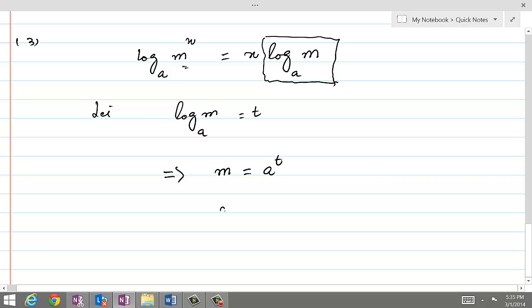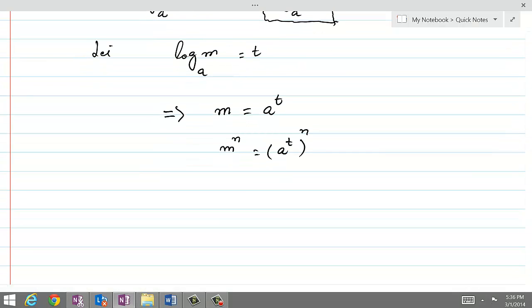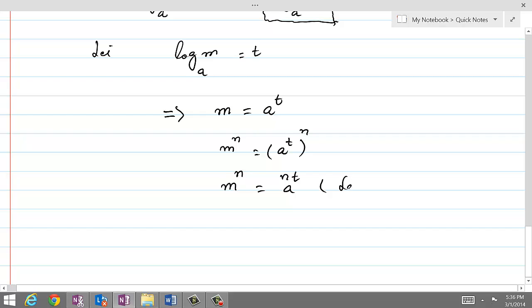So raising both sides to power n, on this side m power n and on the other side a power t whole power n, this will become m power n is equal to a power n t. Again, we are using laws of exponents.